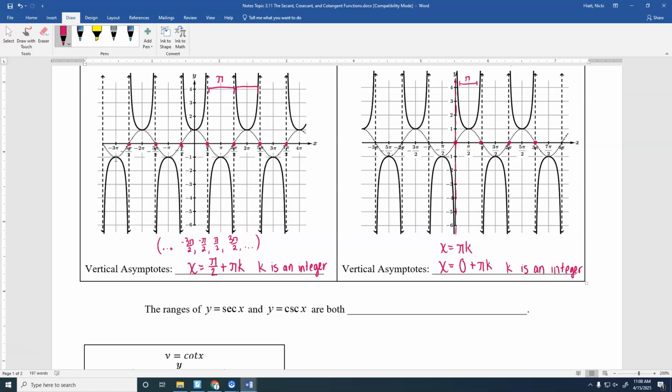So in this graph, you would have -infinity up to -1. You can use a bracket there because it does actually equal -1. And then you would have 1 to infinity. So these graphs have like a gap in the middle. That gap is where your sine function would fit right in there perfectly if you use the corresponding sine function.